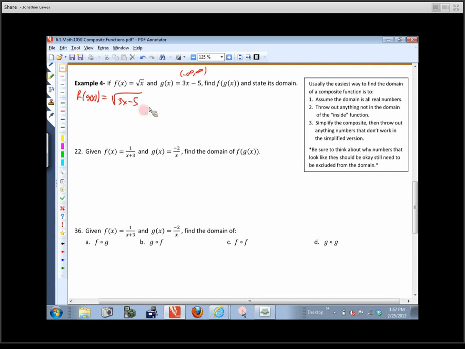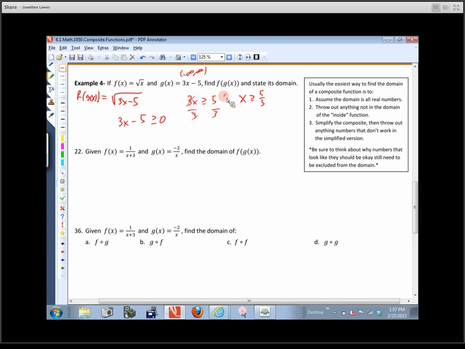Once you've simplified this, this is a square root function. You can't plug anything you want into a square root function. You have to make sure that this right here is greater than or equal to 0. So let's solve that inequality. That would be 3x greater than or equal to 5. Divide by 3. I don't need to worry about changing directions of the inequality. This would be x greater than or equal to 5/3.